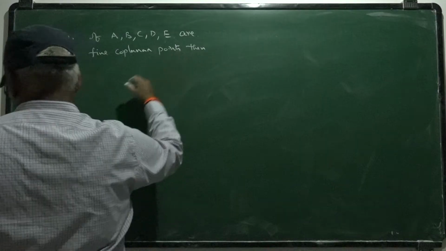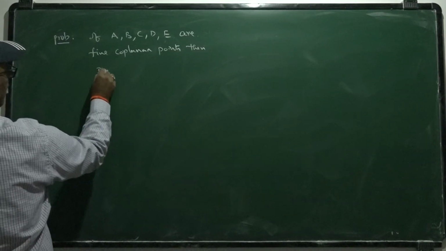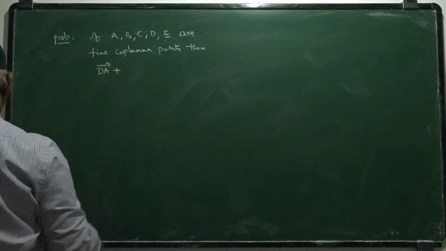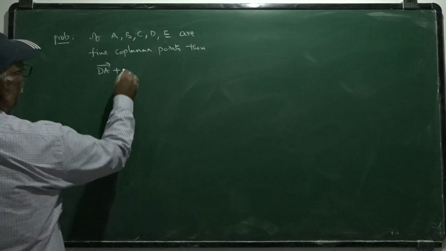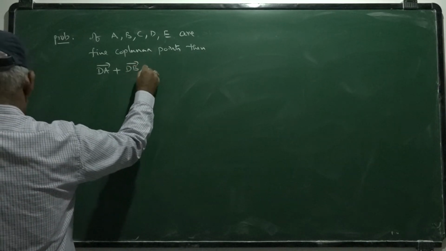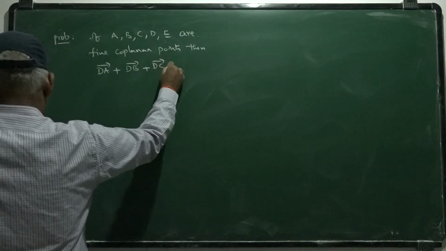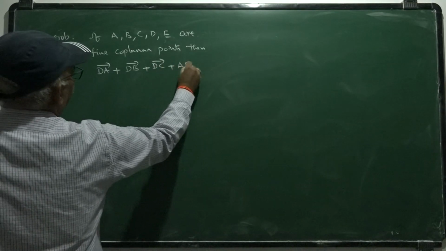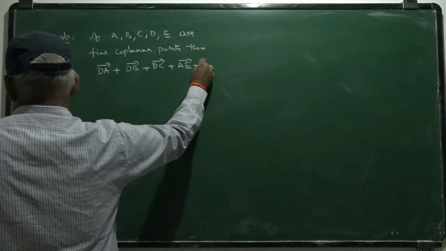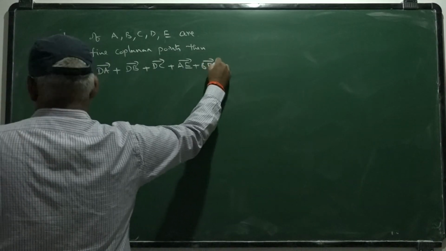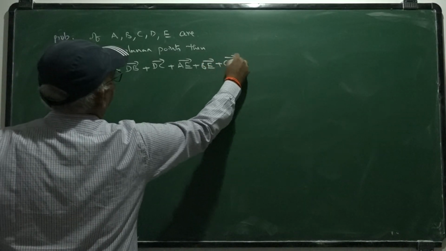Then the sum of the vectors, or resultant of the vectors, DA bar, DB bar, DC bar, AE bar, BE bar plus CE bar is?